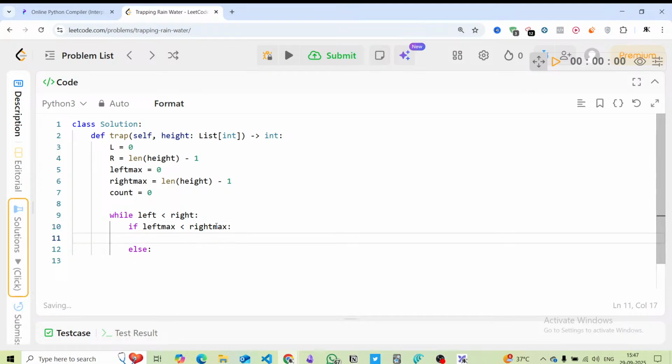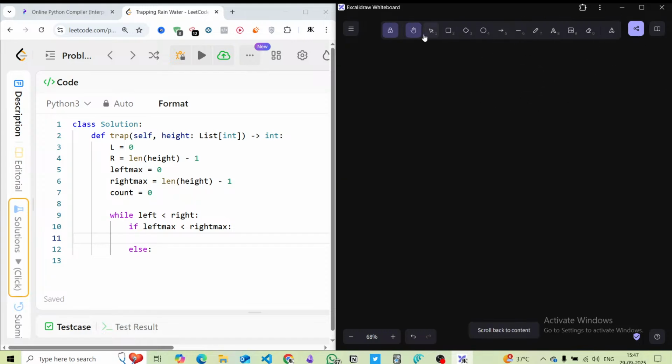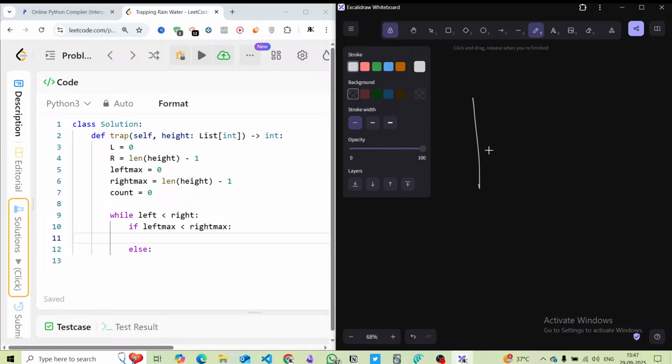Now in this condition, what do we need to check? So this will be the left max, and this will be the right max.